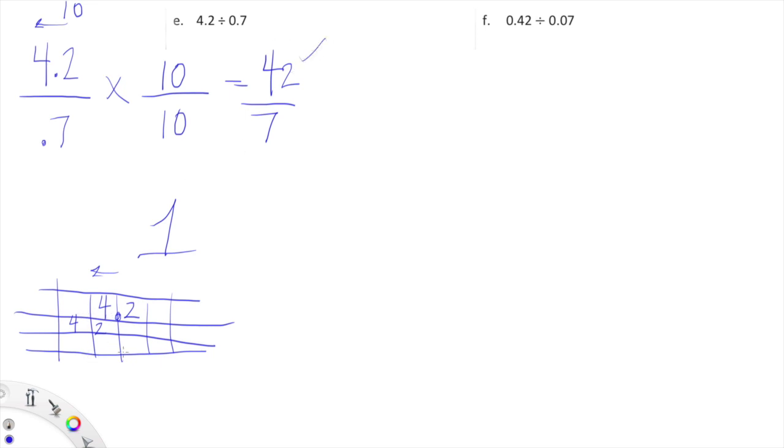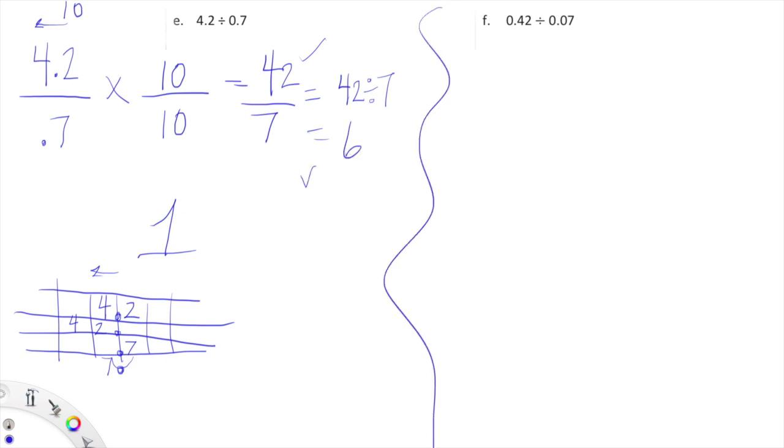Booyah. And then when I multiply my 7/10 by 10, this 7 is hopping over one place value to the left. Booyah. Beautiful. 42 divided by 7, simplified. Last time I checked, 42 divided by 7 is 6. Beautiful.